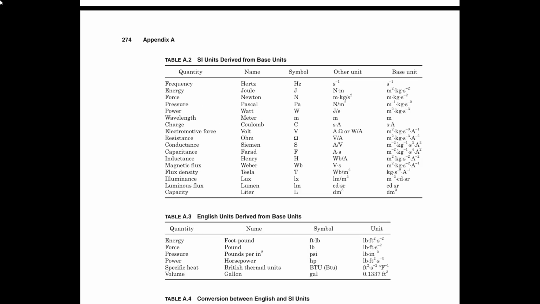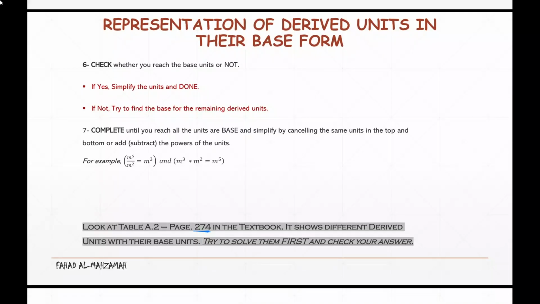You can see these are all the derived units and these are all the expressions in base units form. So you can practice and show me the procedure if you want to check the answer. This is regarding the first section, which is the representation of derived units in their base units form. And it's very important for me that you know how to express these units and solve different questions.